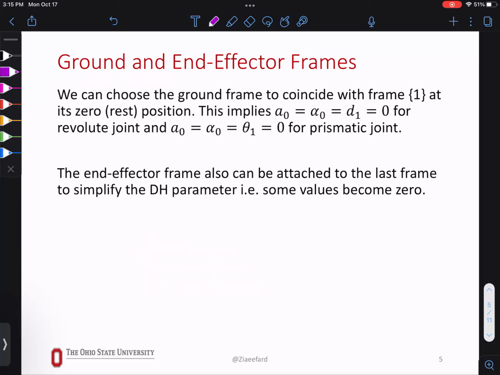Now, since we are assigning the frames ourselves, we can make things easier for ourselves. First thing we can do is to reduce the number of frames we are dealing with. So if you identify your first joint, and you find the z-axis of that joint, you find the x-axis, and you know where the origin is, you can place your frame 0 on that joint at home position.